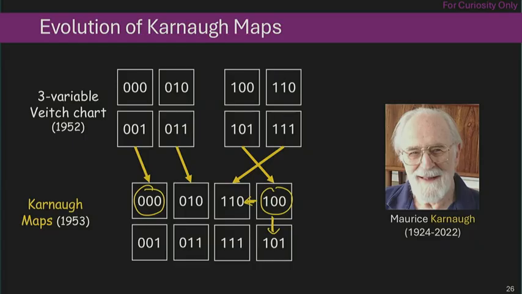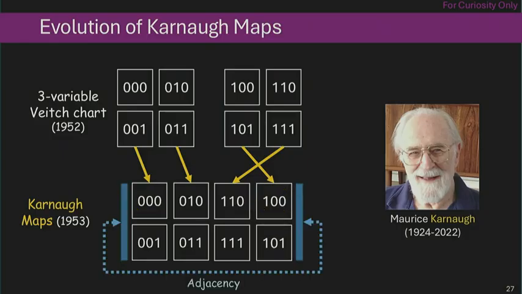So what you have to do is visually, or in your mind, think of it as a wraparound table. The 2 ends connect to each other so that all of the neighbors still sit next to each other. And I have this Karnaugh map over here, based on that ordering. 000 over here, 100 over here. You have to think of them as neighbors by wrapping around this table into a cylinder.